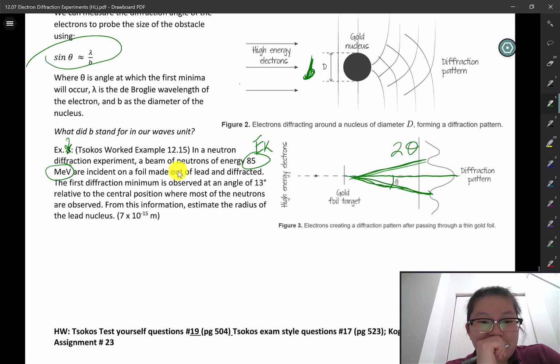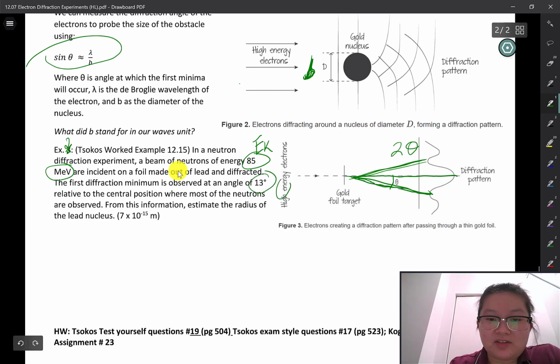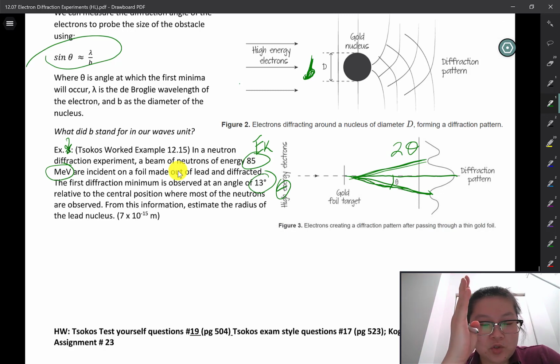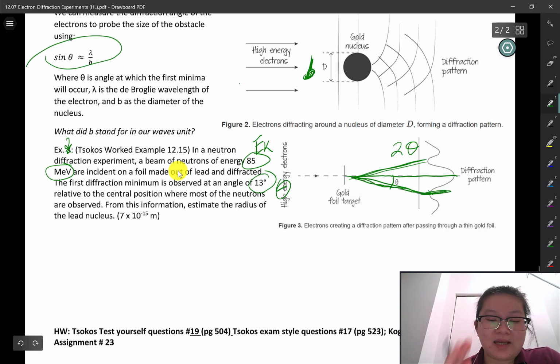The first diffraction minimum is observed at an angle of 13 degrees relative to the central position where most of the neutrons are observed. So that's the correct angle we should use, which is theta equals 13 degrees. From this information, estimate the radius of the lead nucleus.